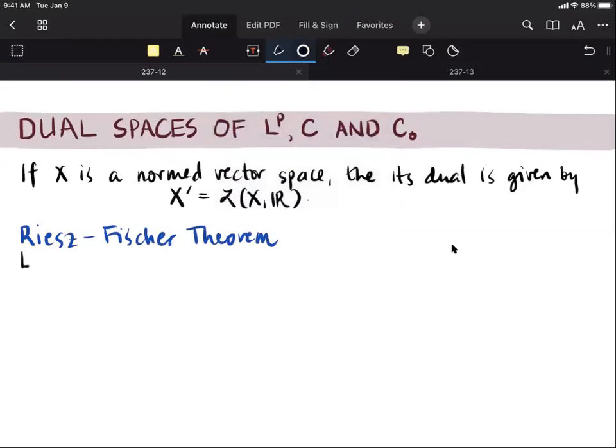So for this, let us suppose that I have a triple X, sigma, mu, and this is a sigma finite measure space.